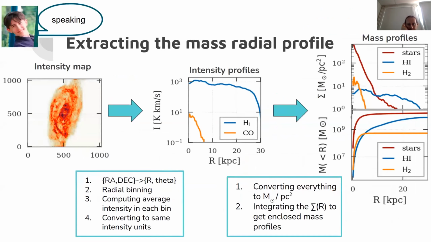To study the distribution of stars and cold gas in the galaxies, we computed surface density and enclosed mass radial profiles. First, we made density profiles, essentially by averaging the zero moment map in every ring. Then we converted the units to solar masses per square parsec and integrated them. The stars and molecular gas have a nearly exponential profile, while the atomic hydrogen spans a wide range of galactocentric radius.